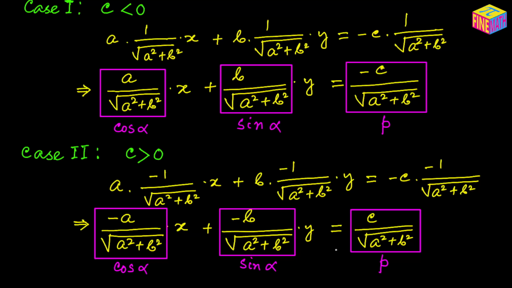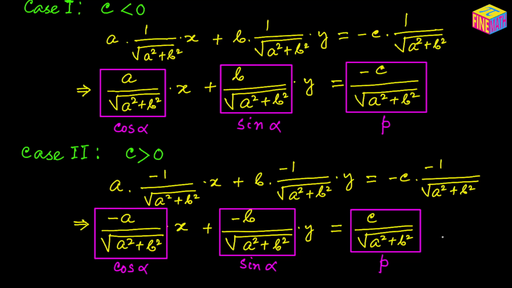That p indicates the perpendicular distance from the origin to the straight line, so that's always a positive value. So somehow we always have to make sure that the perpendicular distance is a positive number. And that is why, depending on the sign of c, we have to decide whether we need to use the negative value of k or the positive value of k, right? I hope it is clear up to this point.